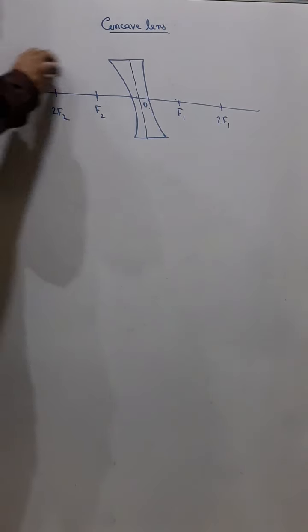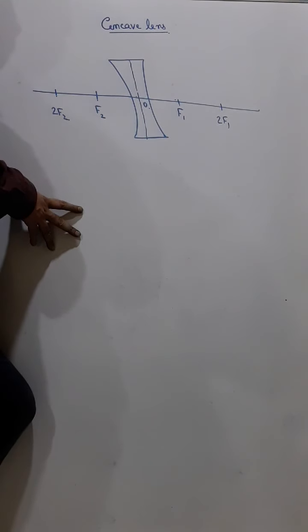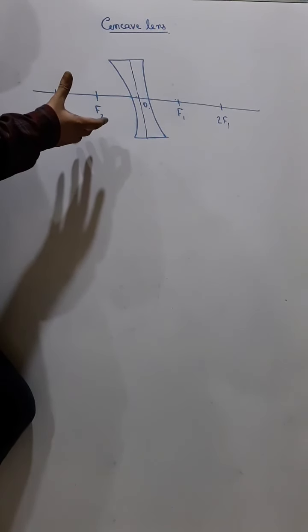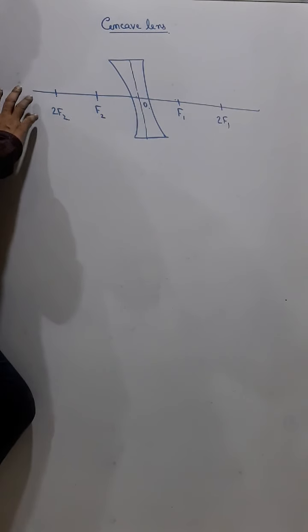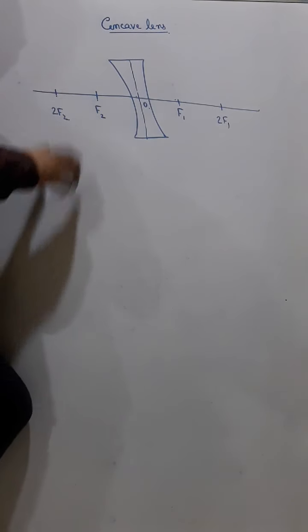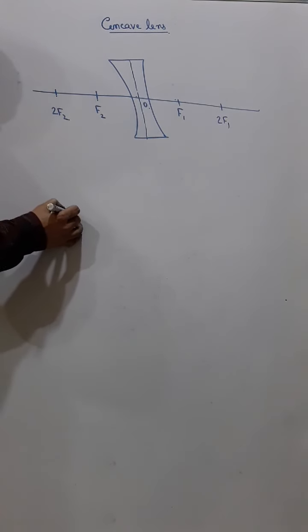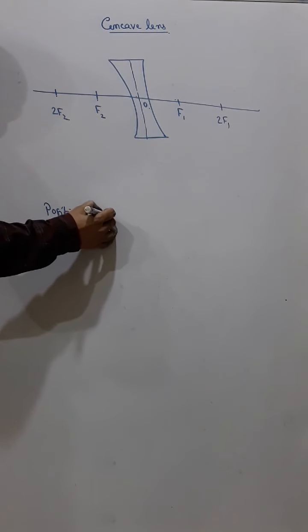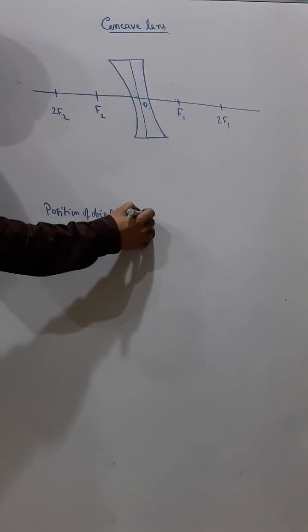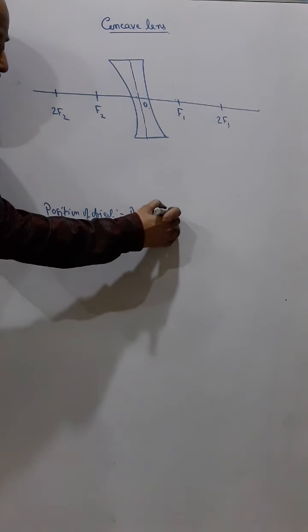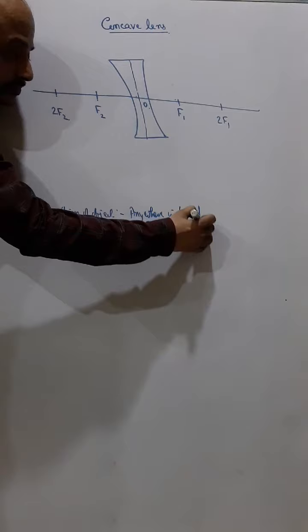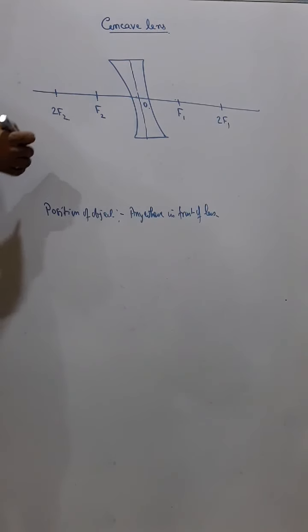Okay, now construction of ray diagram in a concave lens. Concave lens is very easy because at every position the image formed is always at the same place. The position of object can be anywhere in front of the lens.